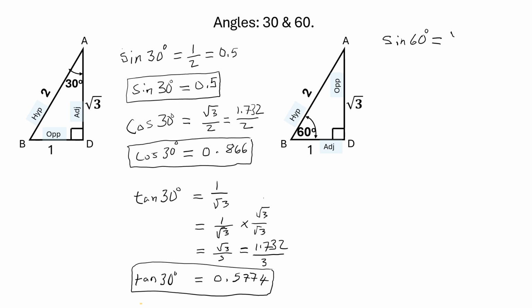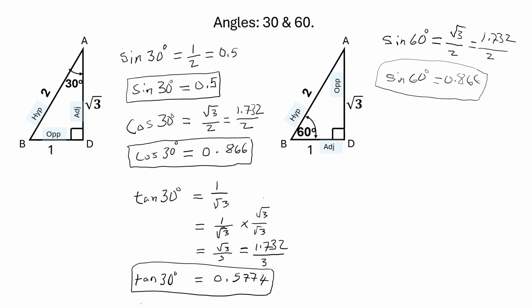Opposite is root of 3 by 2, and root of 3 we know is 1.732 over 2. So sine 60 is equal to 0.866.